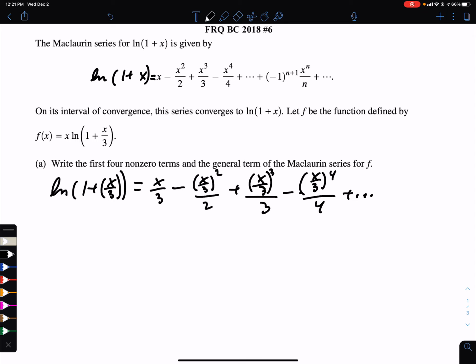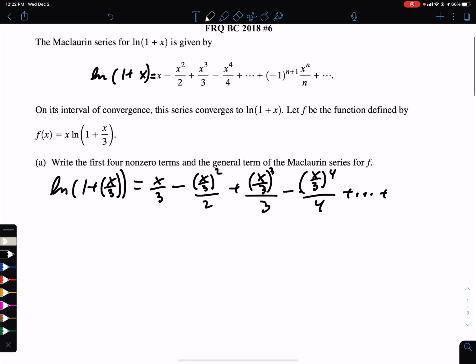Now they want the first 4, so there's 4 terms, and the general term. So in the general term, we're going to replace the x with x over 3. Plus dot dot dot.